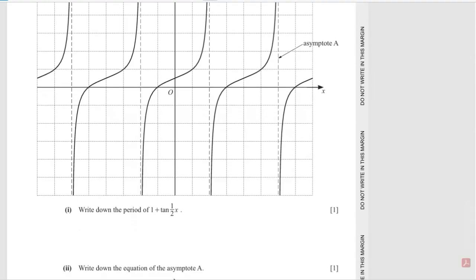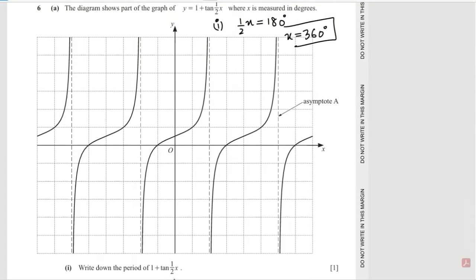Next part. Part 2: write down the equation of the asymptote A. So the asymptote is always in the middle of its period. This thing over here is going to be 180. After 180, this is showing up, right?